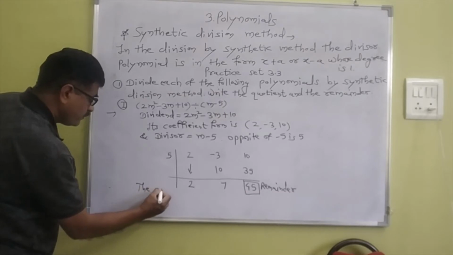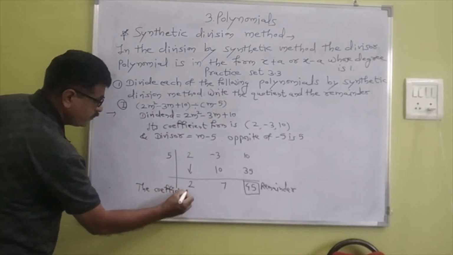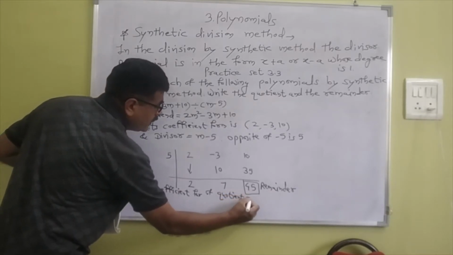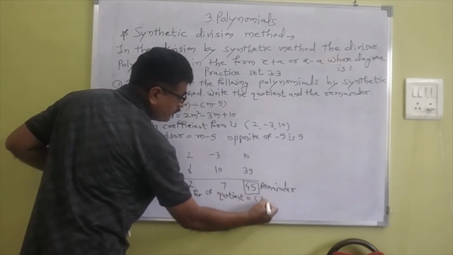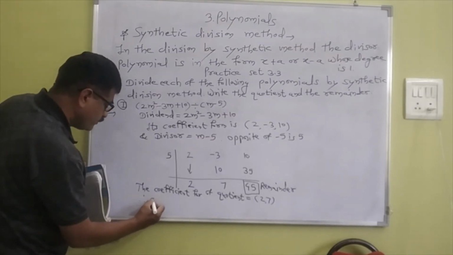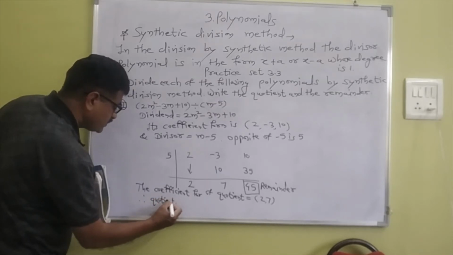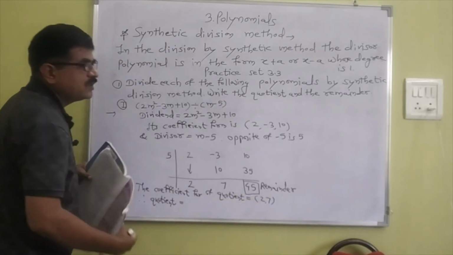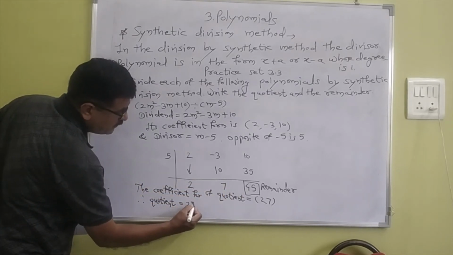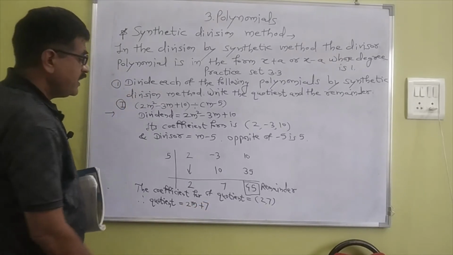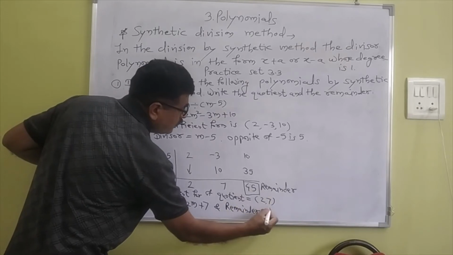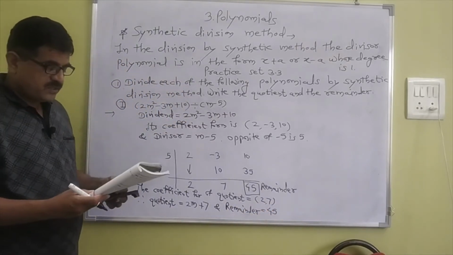The coefficient form of quotient is equal to 2, 7. Therefore, the quotient: there are two terms, therefore take the variable m, and the degree must be 1, that is 2m plus 7, and the remainder is equal to 45. This is the answer of this.